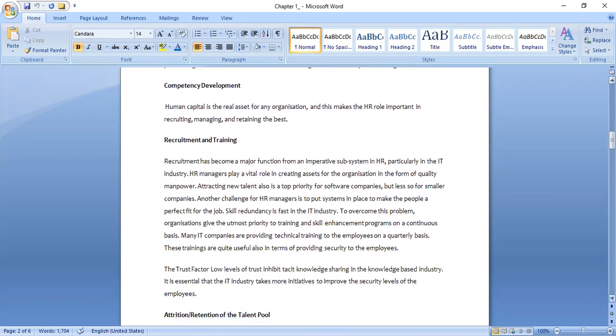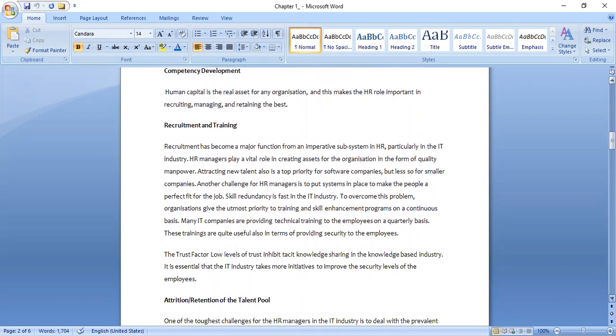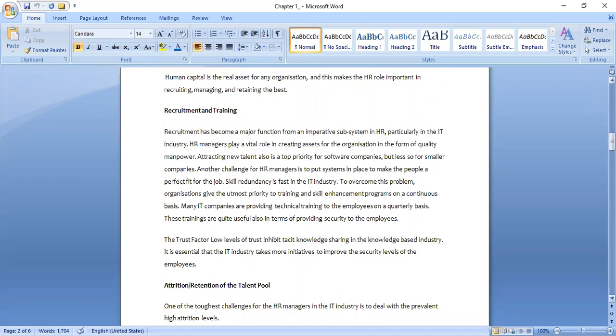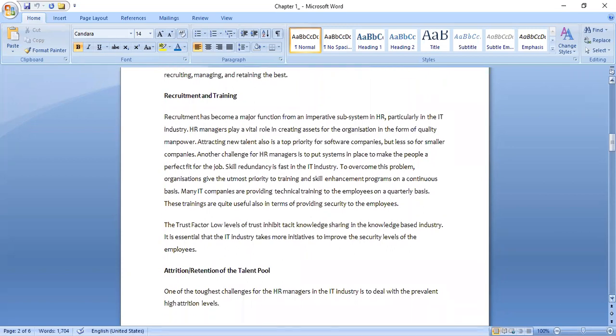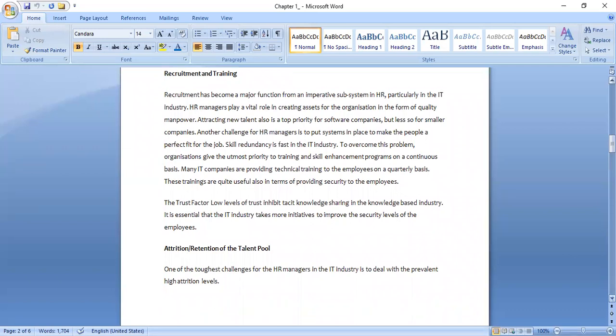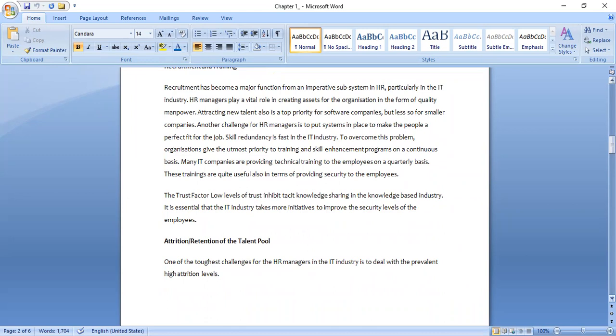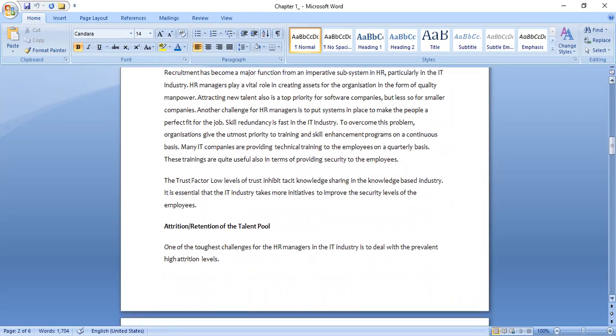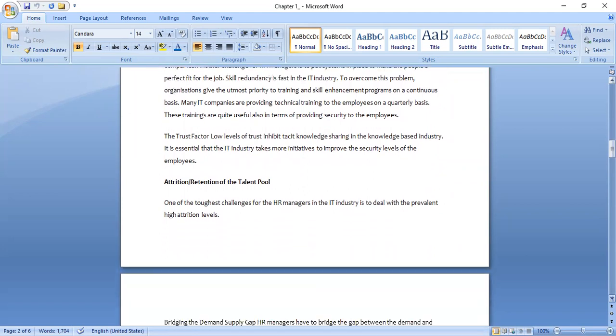Then it involves activities like recruitment and training. Recruitment involves looking for the right people to fill the rightful positions. And then the training involves basically enhancing and availing the skills to the employees of these different organizations.